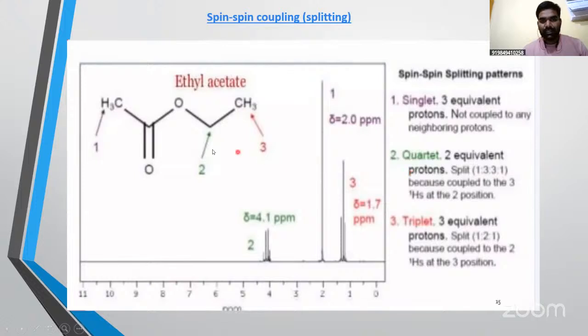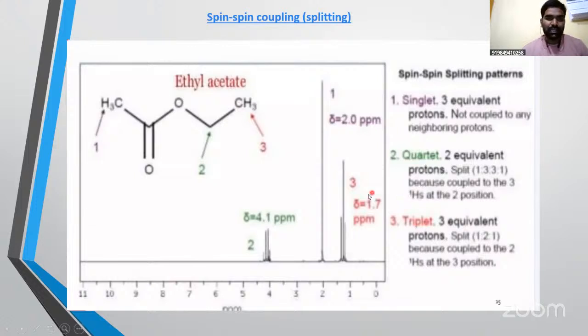The second one is a quartet. Two equivalent protons are split into 1:3:3:1 because they are coupled to three hydrogens. It's coupled with three hydrogens at the two positions.